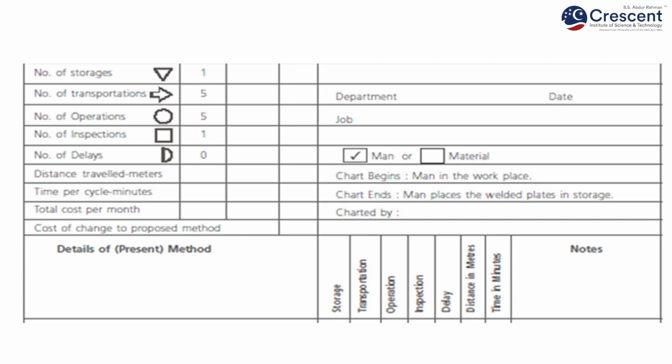Okay. So, you can see here at the top, one storage is there, 5 transportations and 5 operations are there, and 1 delay and 1 inspection. In that way we can summarize, and if unnecessary delays or more transportation is there, we will try to remove those things.